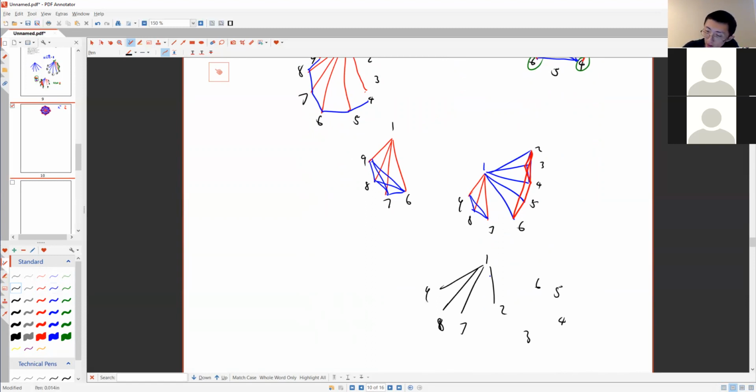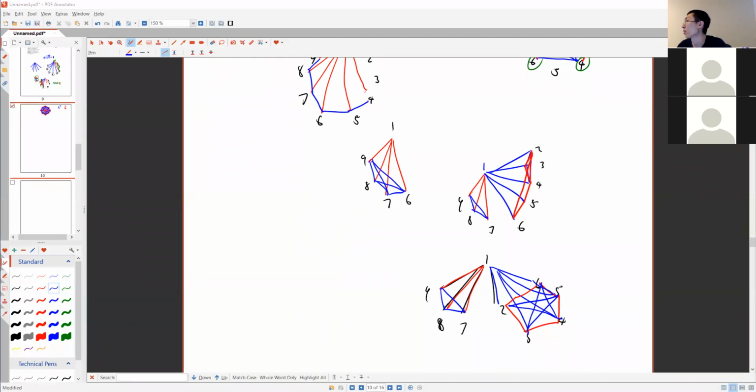I don't see why I can't just color these blue and then these red. And then among those, I can have a red pentagon. So this will be 1, 2, 3, 4, 5. Yeah, I don't think there's a red K4 there. And then this can be like this. So there must be something in the connections between here that makes it fail.